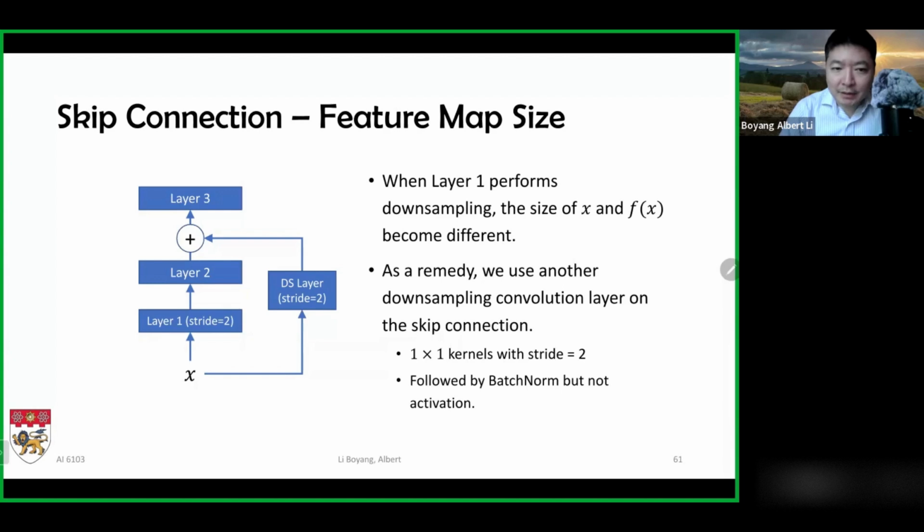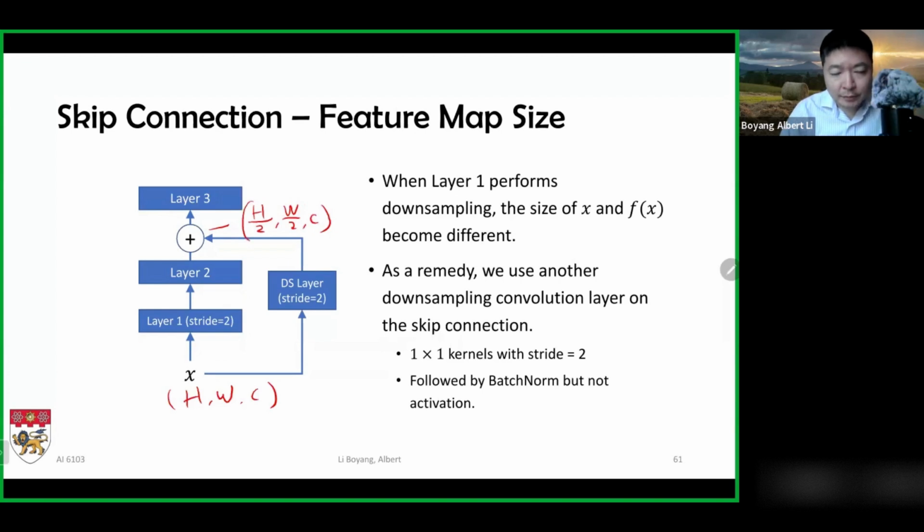When that happens, the input could be of size H, W, and C, but the output would have a reduced spatial dimension. It could be H/2, W/2, and the same number of channels.